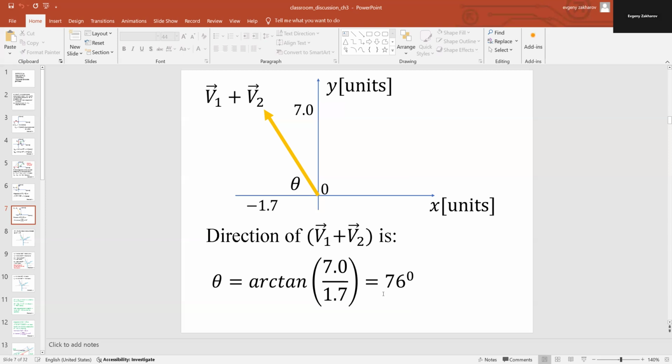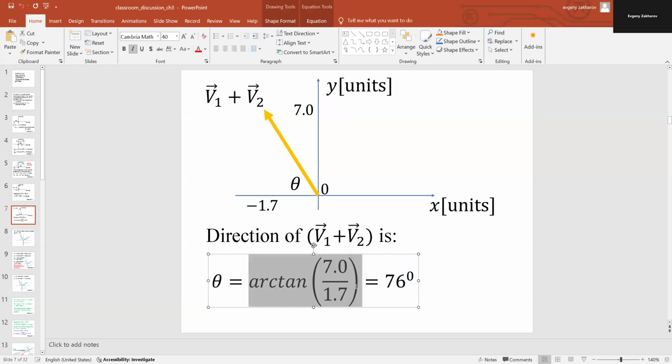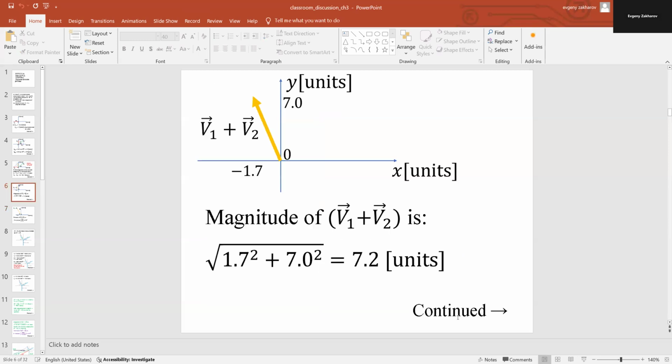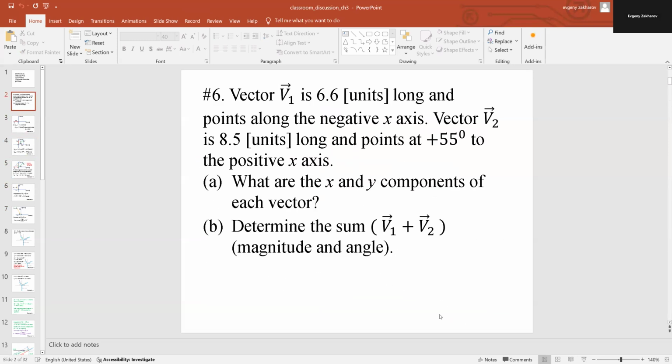If I were you, I would definitely check that your calculator, once you input this, gives you 76 degrees, maybe 76 and change, but we're only dealing with 2 sig figs.